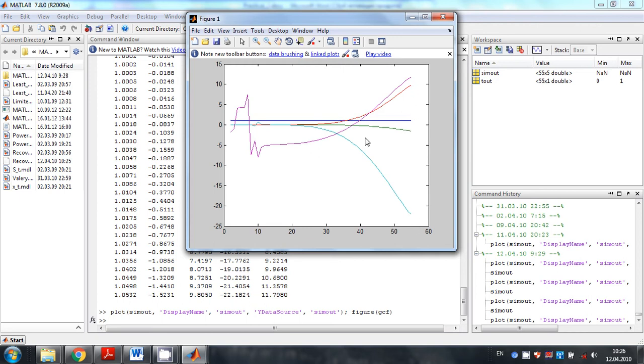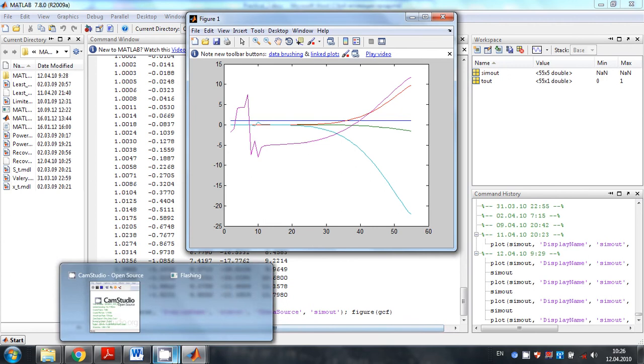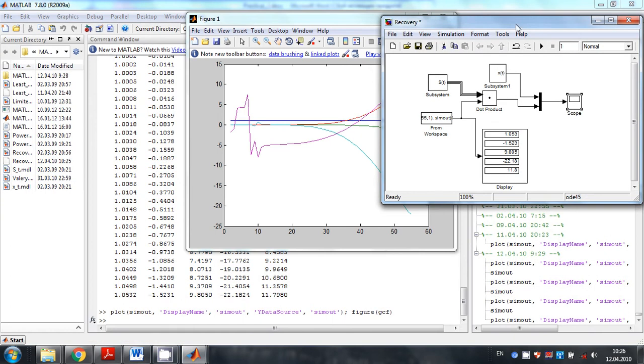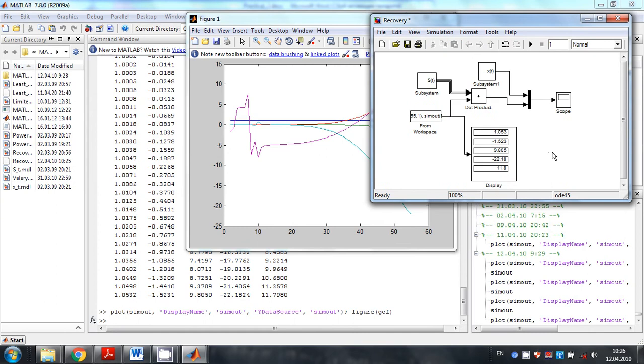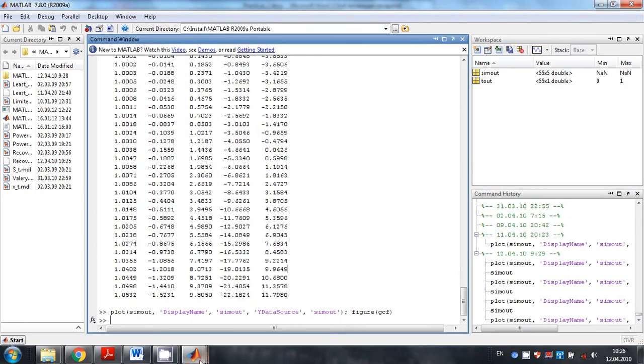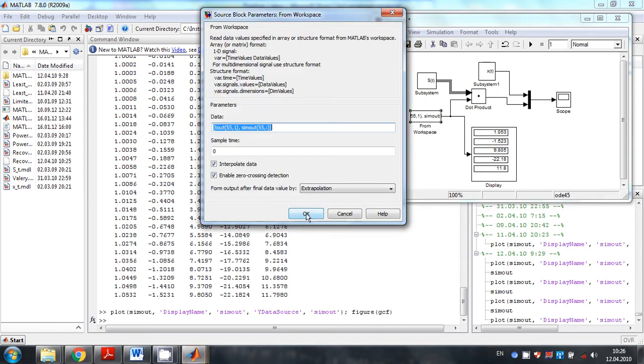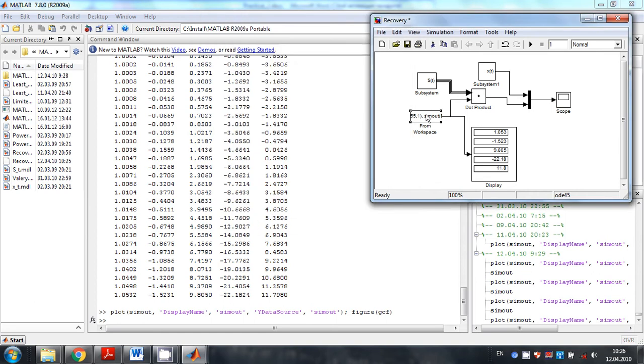Let's go to the recovery subsystem. To recover the signal we need to pick these coefficients from the workspace of Matlab. To pick them we just go to this source, which can be found in the Simulink library under the sinks and sources.